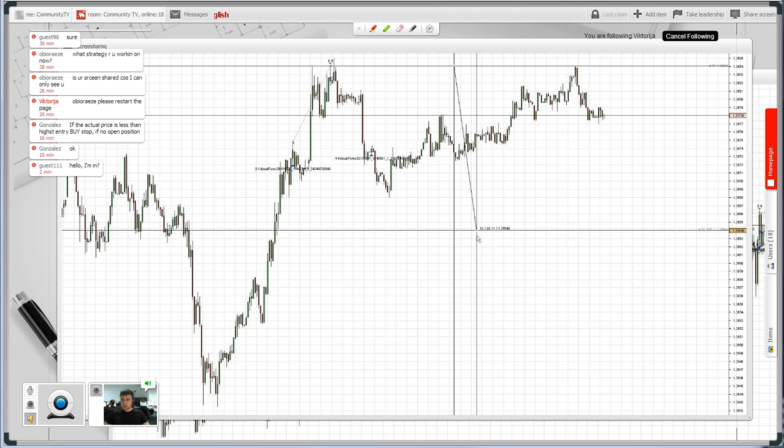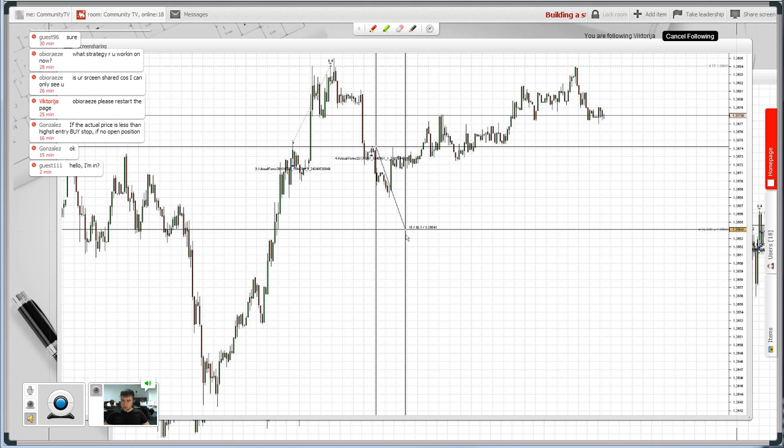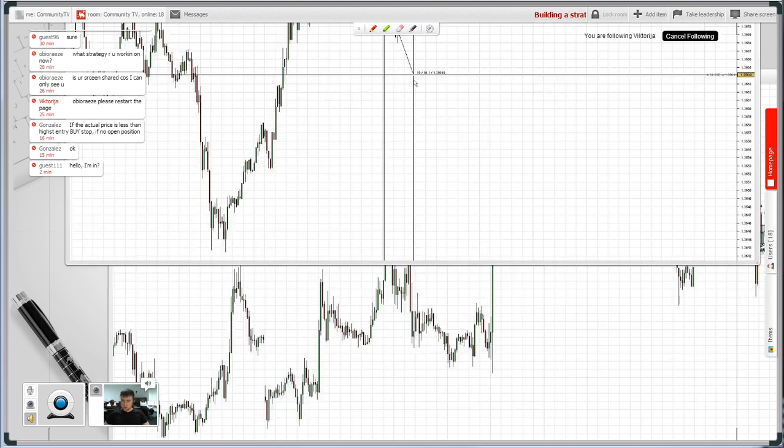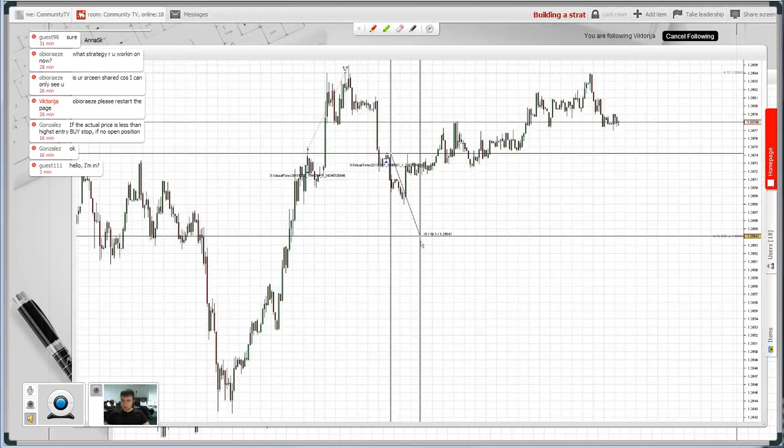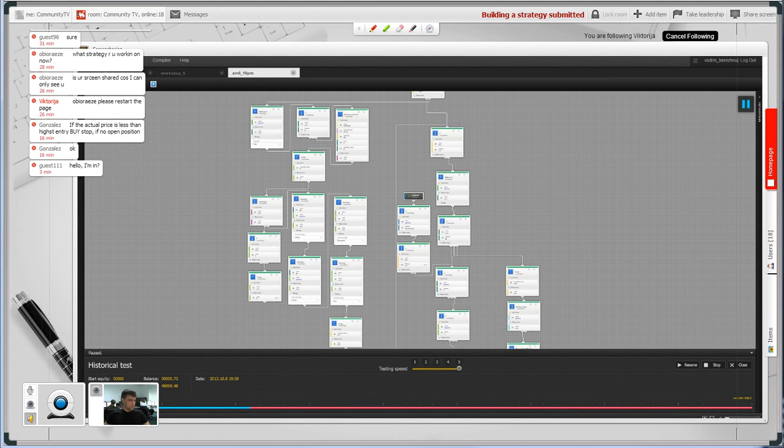Aha, 20 pips difference, so stop loss and take profit are calculated. Okay. Where's the order?